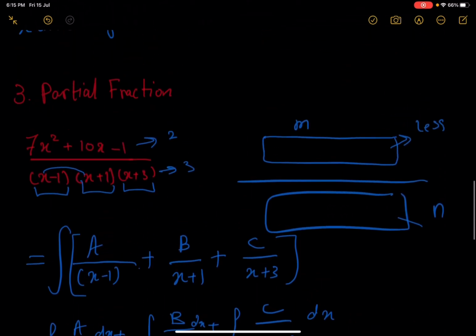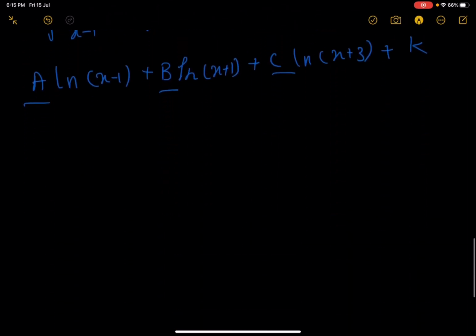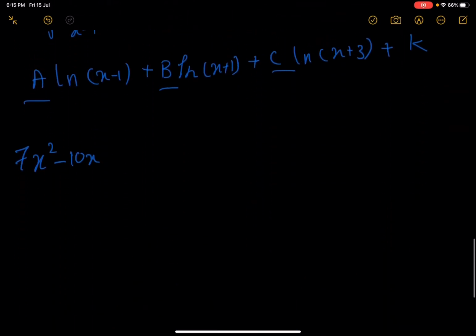You take the terms in the numerator, 7x squared minus 10x plus minus 1, equals a, and a will be multiplied by the other brackets that are not in its term. So here I have a times x plus 1 times x plus 3.